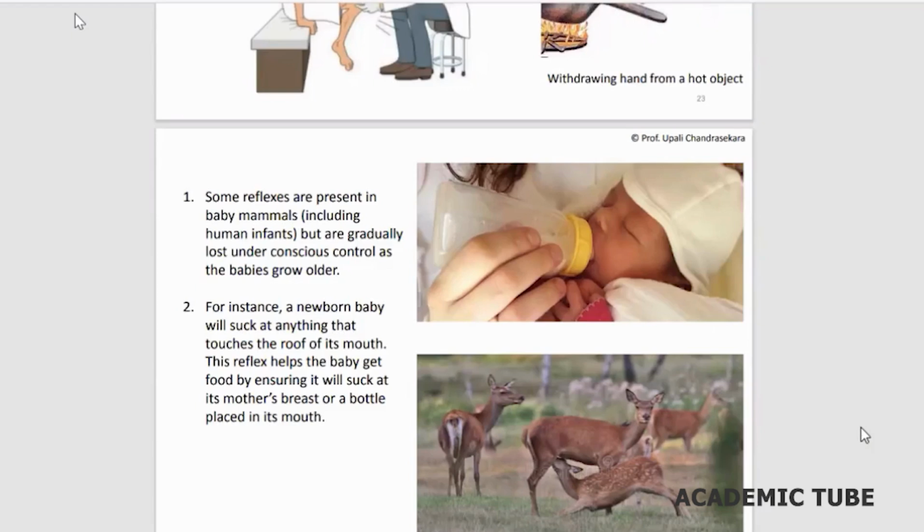This is a reflex. What happens here is that immediately after the teat touches the roof of the baby's upper jaw, there is a kind of stimulation, so the baby immediately begins to suck.